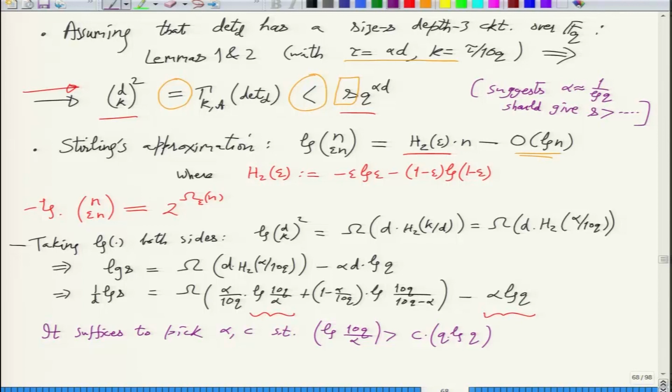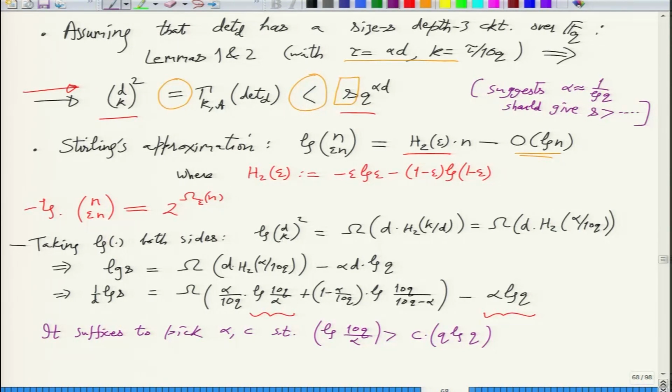If this is more than q log q, then you get, yeah, alpha over 10q multiplied by this will give you c alpha log q, which you pick bigger than the negative error term.